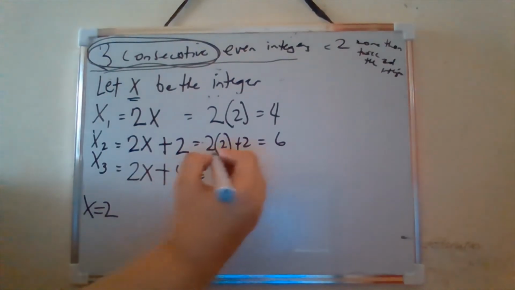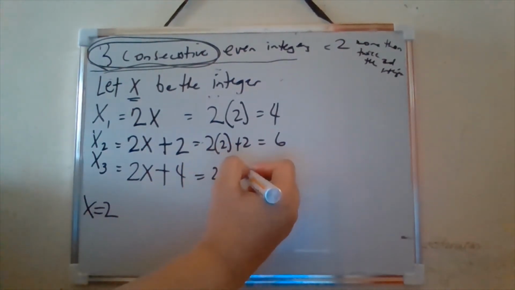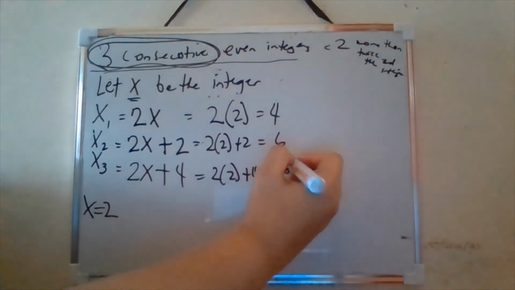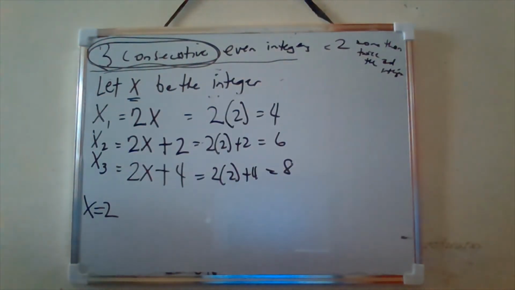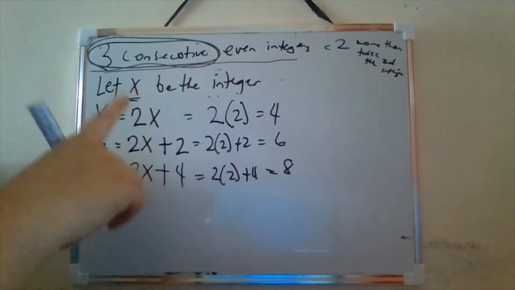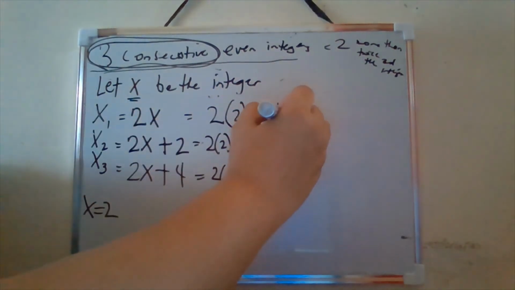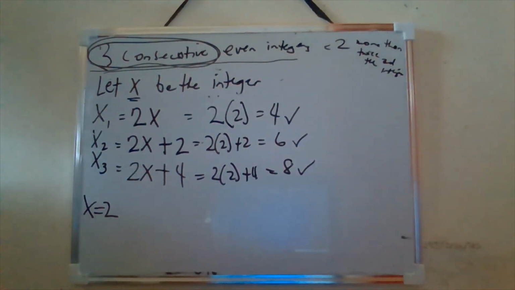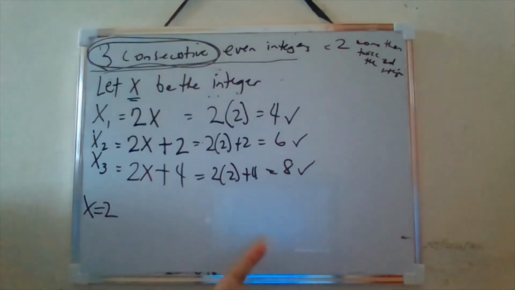Ito naman ay 2 times 2 plus 4 ay 2 times 2, 4, 8. Did we get it correctly? So again, we are looking for 3 consecutive even integers. 4, 6, 8. Okay. Alright?